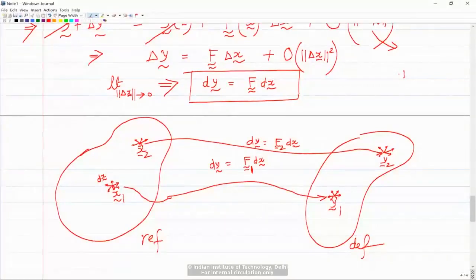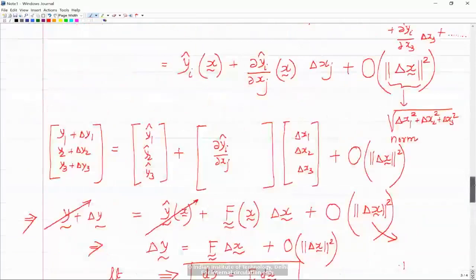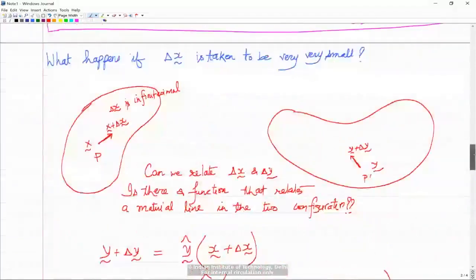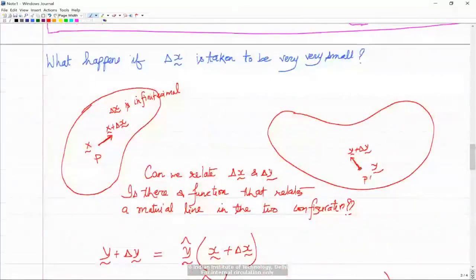Sir, how do y and y cap cancel out? Why can y cap cancel out? Okay. See, look at the original picture. So this y, point y here, is the map of x, no? Right?